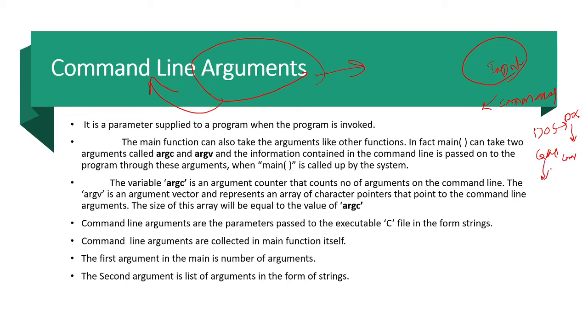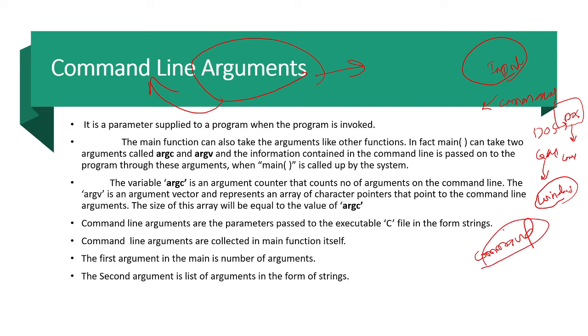If you take the graphic mode, like Windows or Unix, you are able to select graphical symbols in order to provide the input, and you see the result in terms of graphical symbols itself. So here, if we take DOS, what is DOS? Disk operating system. Here we give input in command mode only, and we get the output also in command mode only.